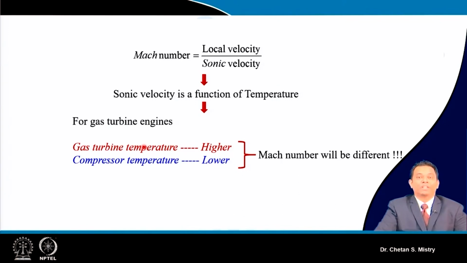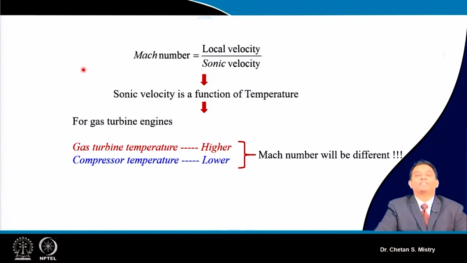With the acceleration of flow, we can have a thermal choking condition, where the flow is accelerating. That means the local velocity at that point is higher, but based on this definition, the flow is subsonic. So that is a discrepancy.